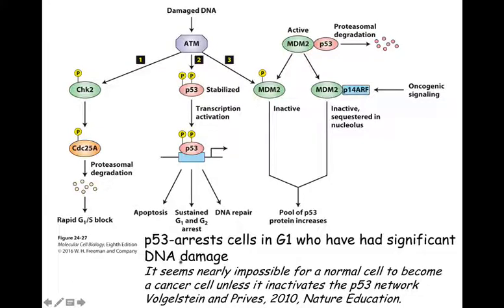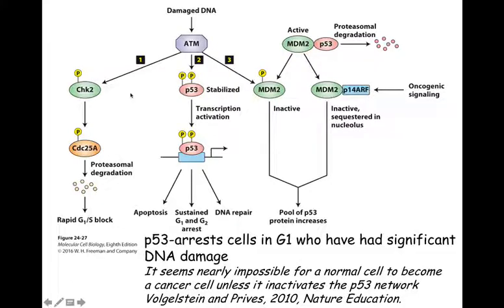Here's a nice little quote. It seems nearly impossible for a normal cell to become a cancer cell unless it inactivates the p53 network. By that meaning there's some problem. So you can activate the p53 network and fix your DNA, and then you're not going to be a cancer cell. But something went wrong in p53, which is a cell repair mechanism or a cell fate mechanism, in that it's going to kill those cells if it's non-repairable.